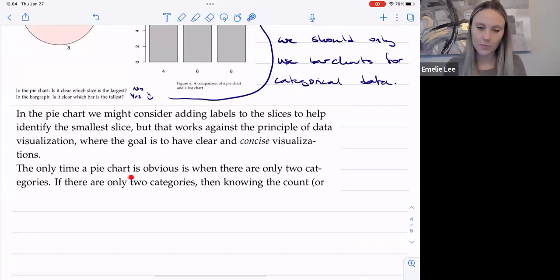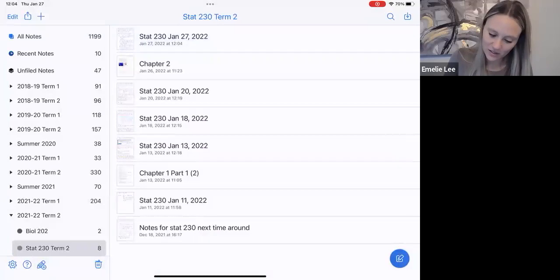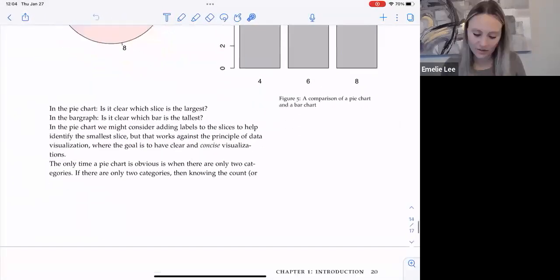And so the only time a pie chart is obvious is when there are only 2 categories. But if there are only 2 categories, then knowing the count, right, of one gives you the count of the other.